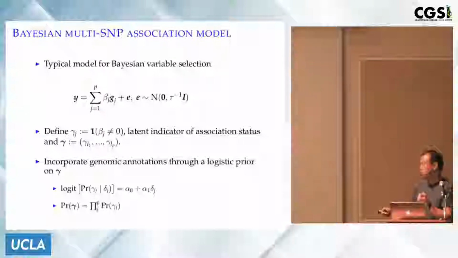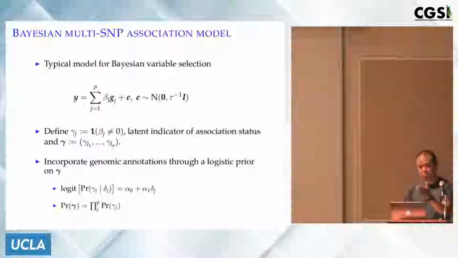And then the real interest is to jointly infer the whole p-dimensional binary vector gamma. In this framework, it's very easy, at least at the modeling stage, to incorporate genomic annotations.